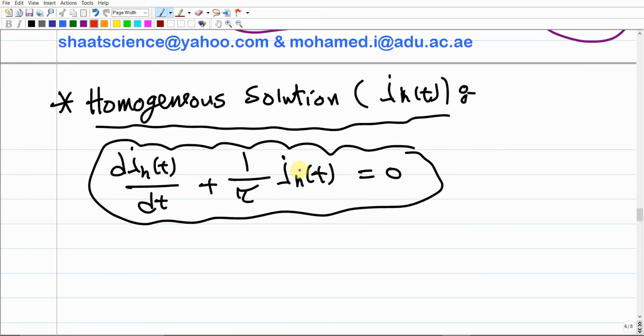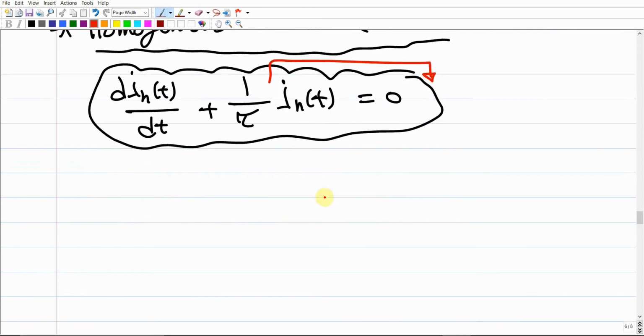Simply, if we move this term to the right-hand side, then apply integration to both sides, we shall end up with a general solution for this ODE. So moving this term to the right-hand side, we end up with dIH of T by dt equals the negative of 1 over tau times I of T. Then we are going to integrate both sides.